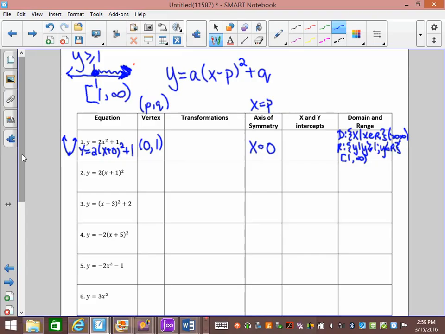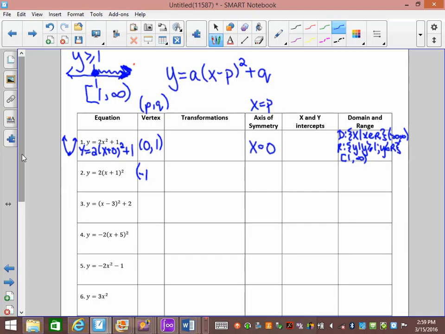Number 2, what's the vertex of number 2? What's my p-value? It's with x. So -1. The p-value is what's beside your x, and remember it's always the opposite because we have this minus sign here, right?